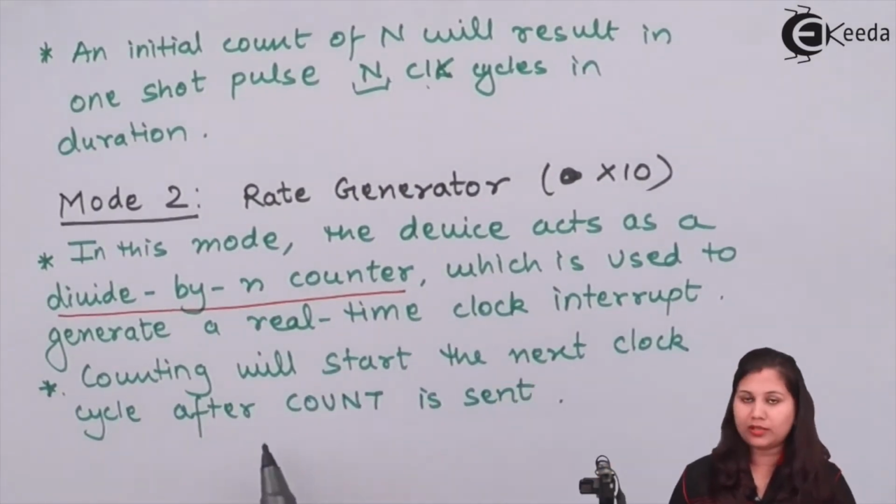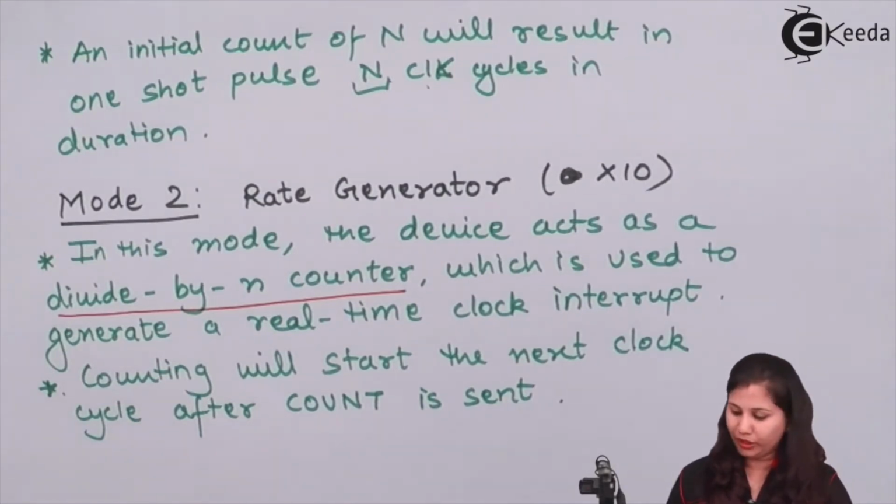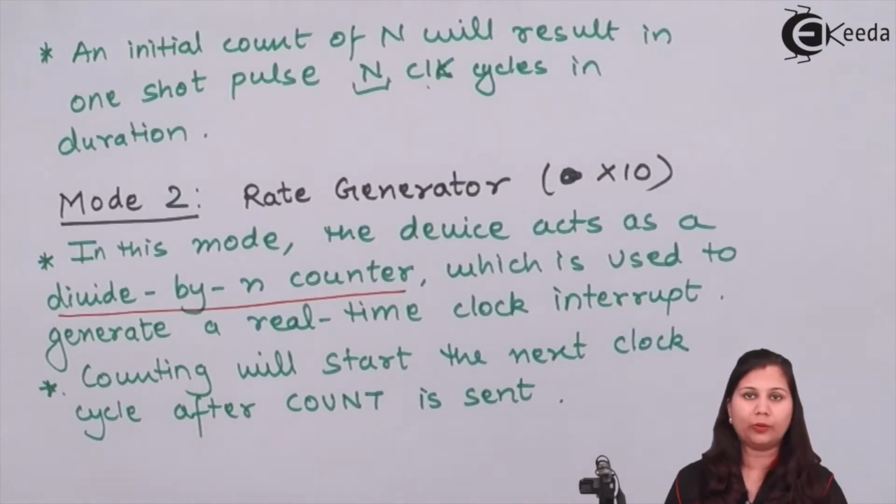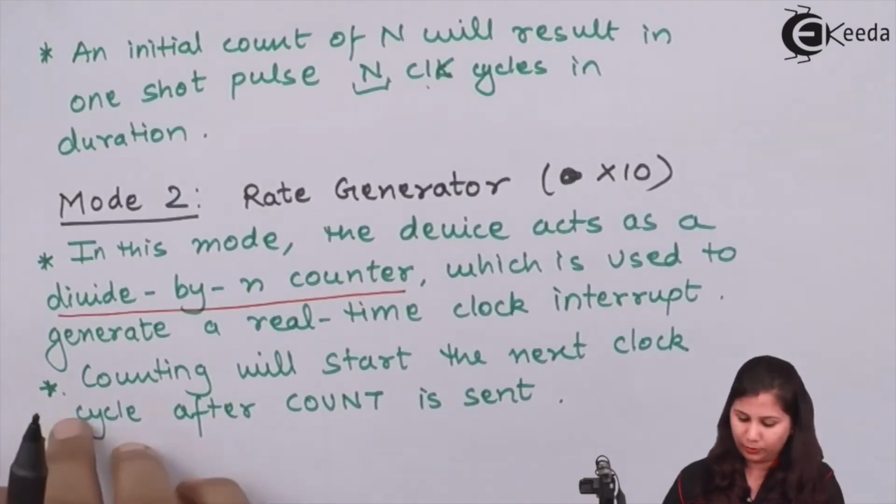In this mode, like mode 0 and mode 1, counting is going to start the next clock cycle after the count is loaded into the counter.